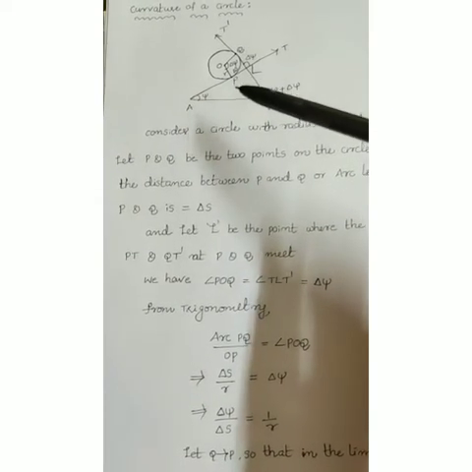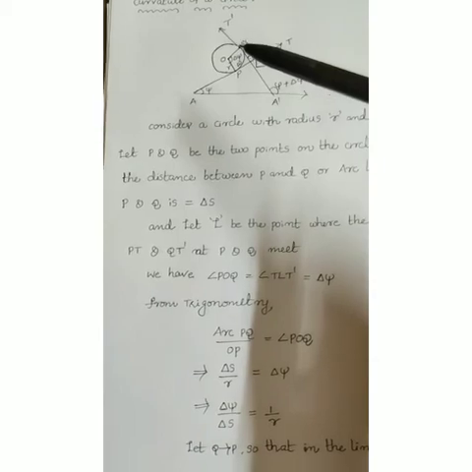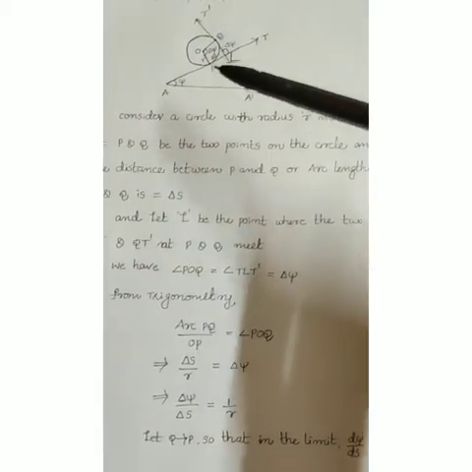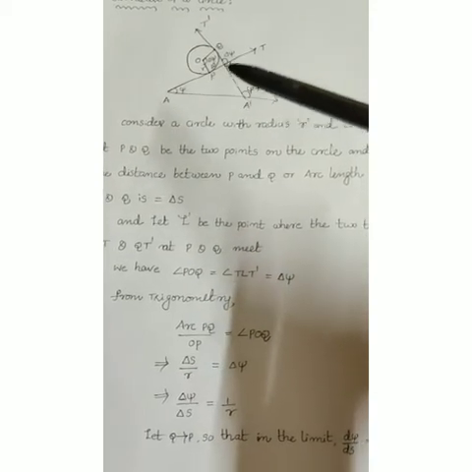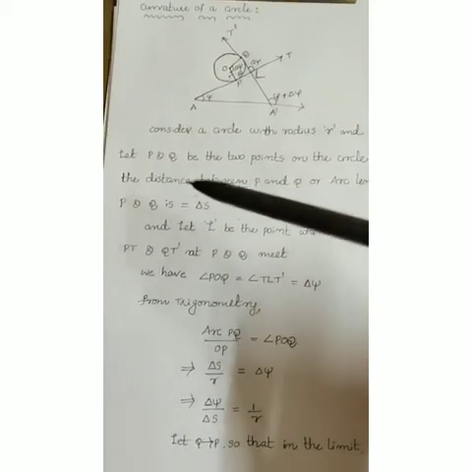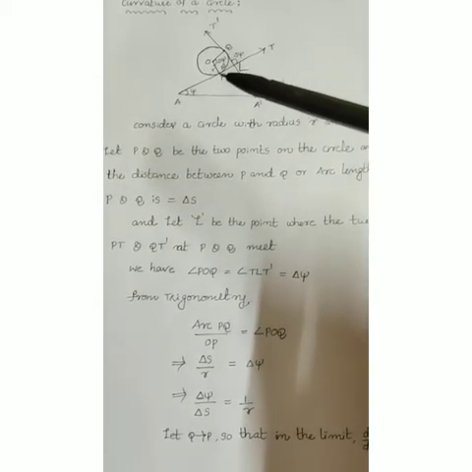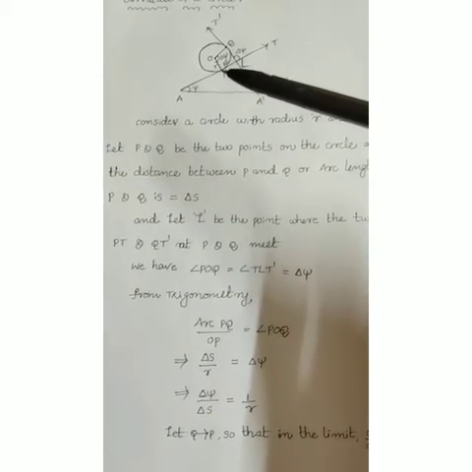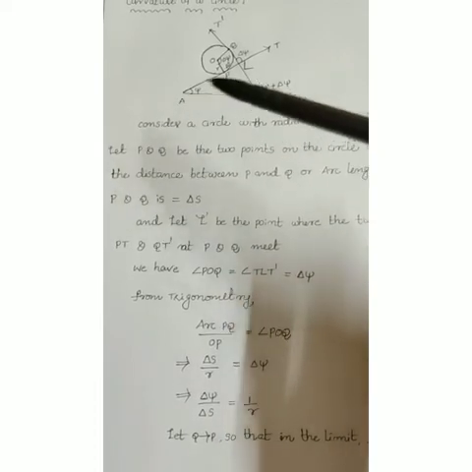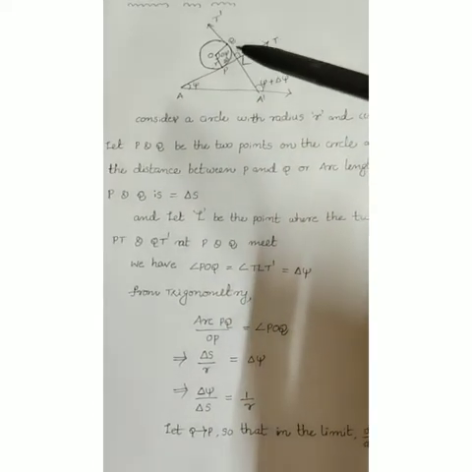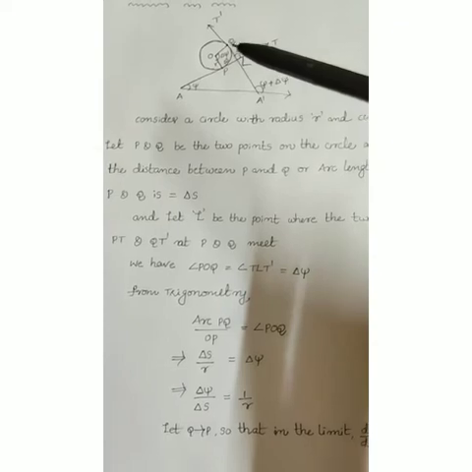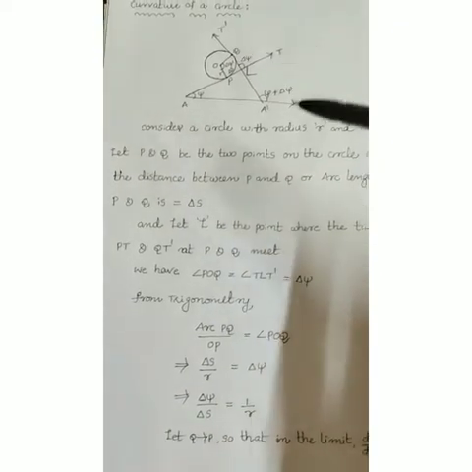The arc length between the points P and Q is denoted by delta S. The tangent at the point P on the circle is AT, and the tangent at the point Q is A dash T dash.